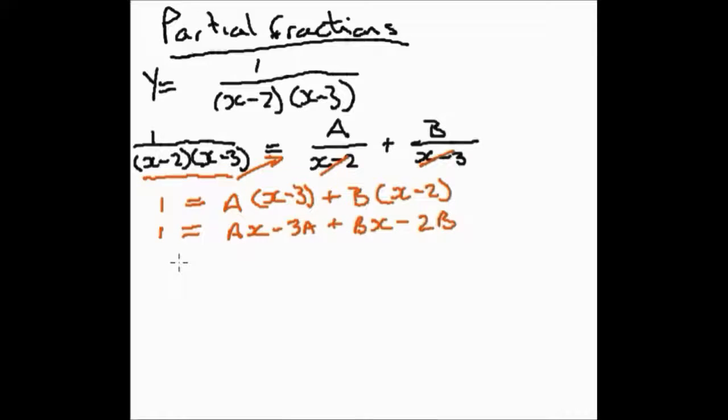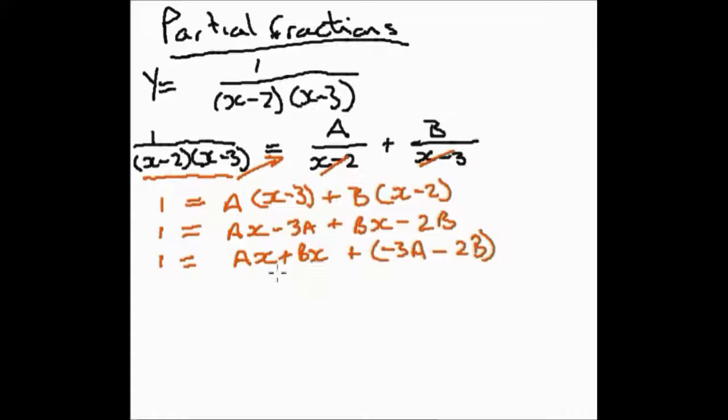Now what I'm going to do is gather some terms. We'll keep that as 1 equals. Across this whole equation, really just adding up my B's and my A's, I gather a few terms here, so I get Ax plus Bx, minus 3A minus 2B.